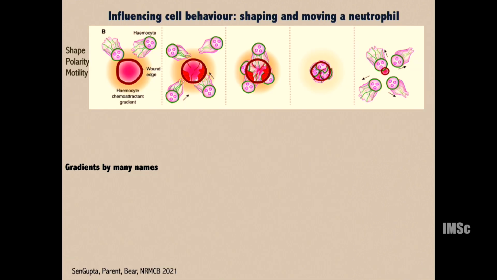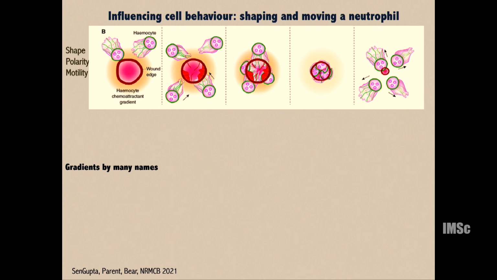Instead, I'm going to ask, how do you actually move and shape a neutrophil so that it can migrate either towards a bacterium or to a wound edge, and then actually facilitate, in this particular case, the healing of this wound. So you see that this ring here is a wound, and what's happened here is that the wound has virtually closed by this time.